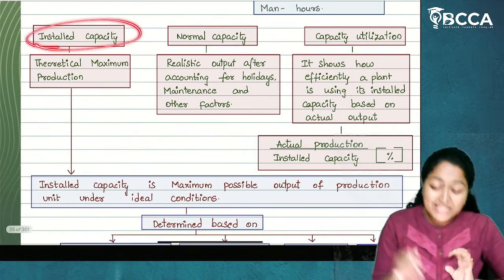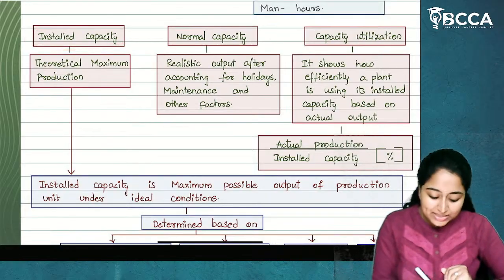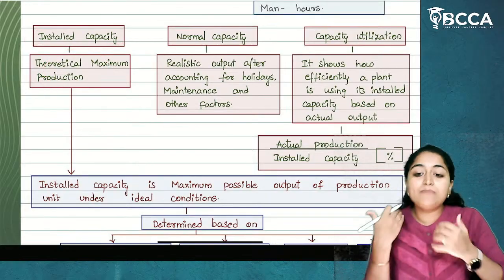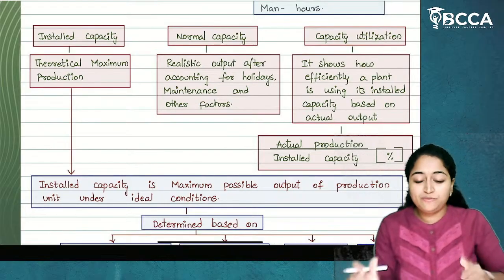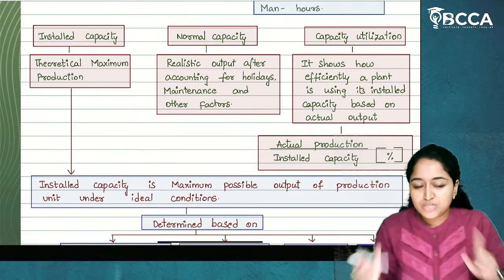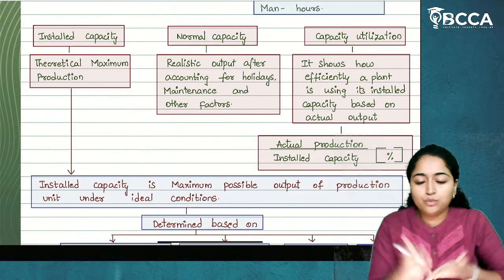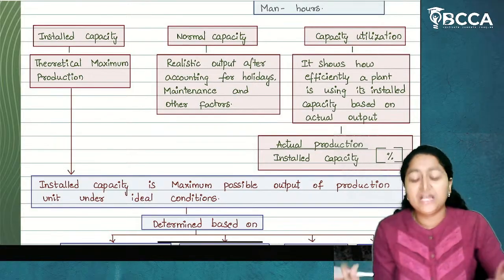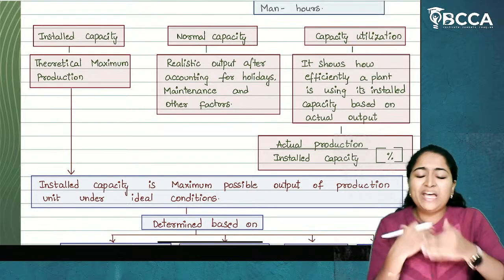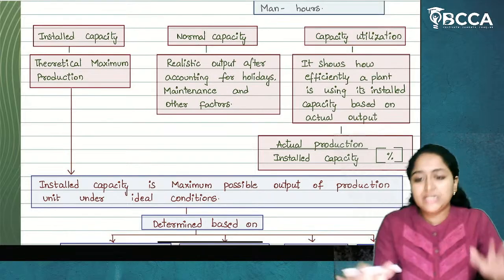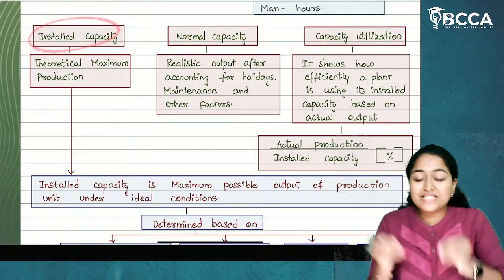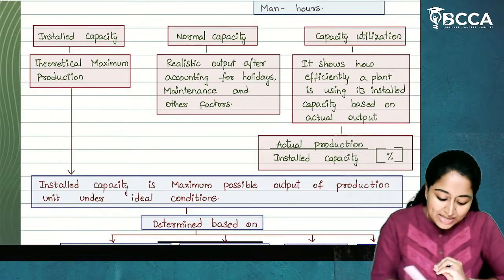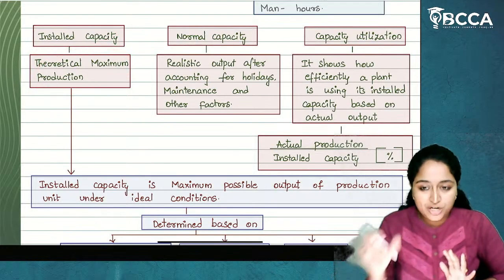And what is installed capacity? Installed capacity is called theoretical maximum production, which means without any interruptions, without considering any breakdowns or leaves or any free time, without considering anything. If I want to calculate my entire capacity, 100% capacity, that is called installed capacity, which is determined as theoretical maximum production.